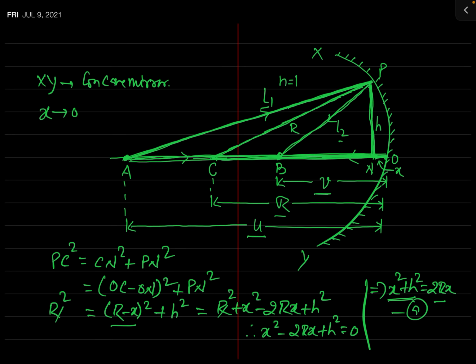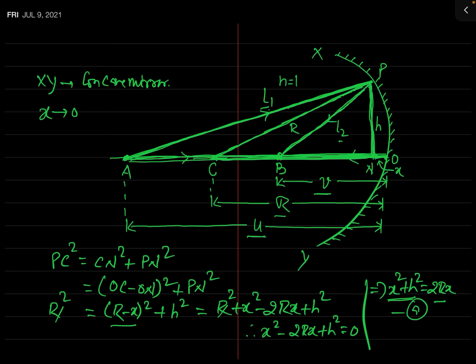Now in the light of this result, we can directly write what will be the value of this L2. You can compare this. Actually, when you write L2 instead of L1, in that condition you can see instead of this AN, there will be BN. So you can simply say that if we replace u by v, then we will get L2 instead of L1. So there is no need to calculate the value of L2 independently.